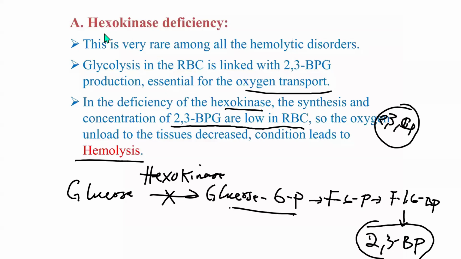Therefore, deficiency of this enzyme will block the production of 2,3-bisphosphoglycerate, and since there is low concentration of it, there will be low delivery of oxygen to the tissue. And these conditions will lead to hemolysis of the red blood cells.